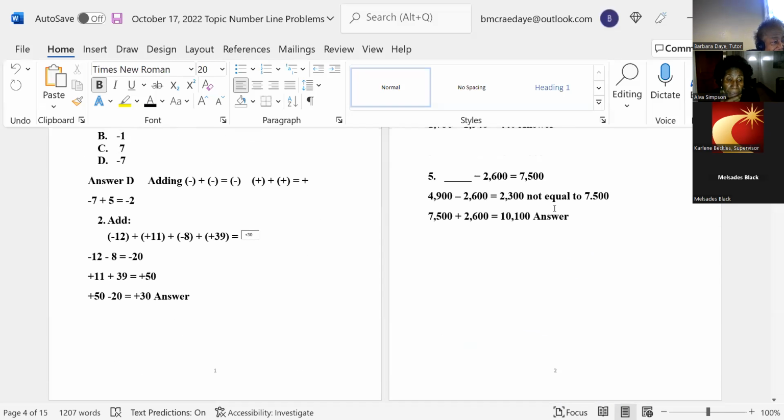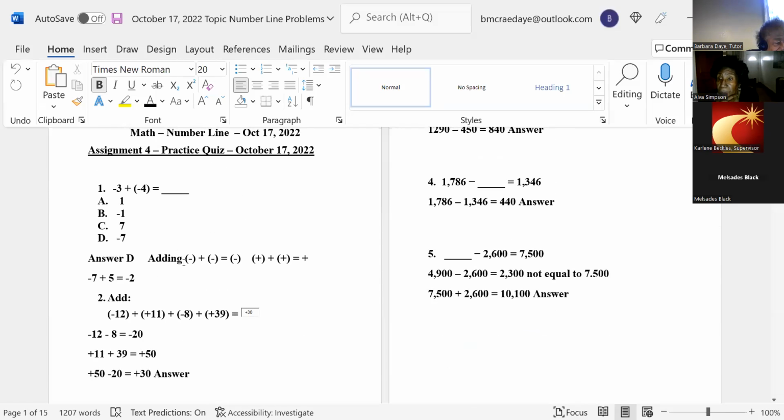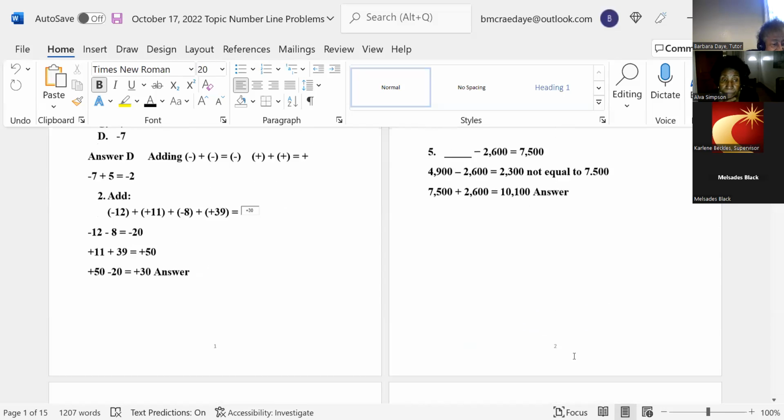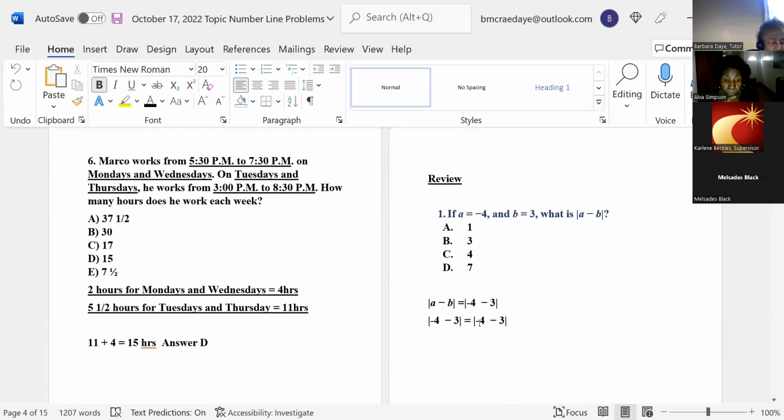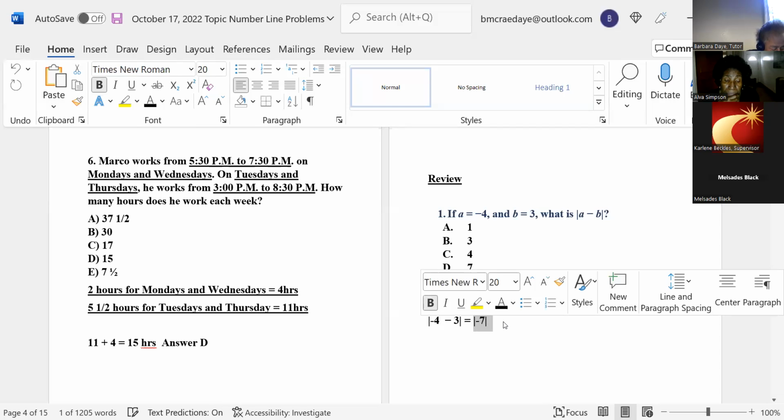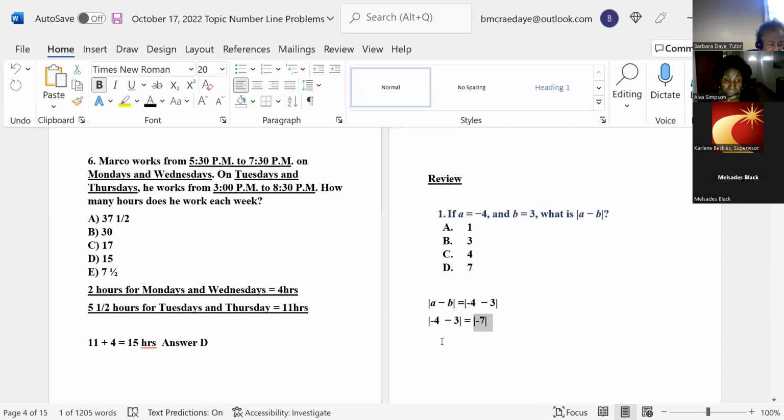Let's go back up here. A minus plus a minus gives you a minus. Remember? Yes, ma'am. Okay, so let's go here. A -4 and a -3. What would I have here? -7. Excellent. So let's put our -7 here. Now, let me take my -7 absolute value and put it here.